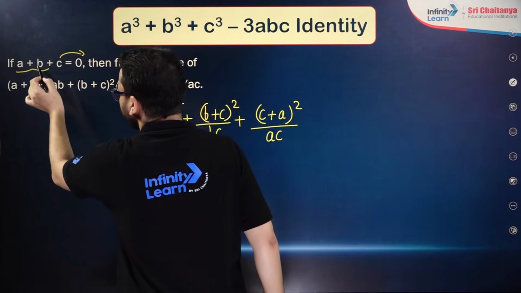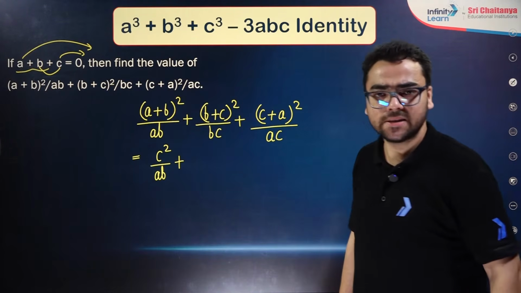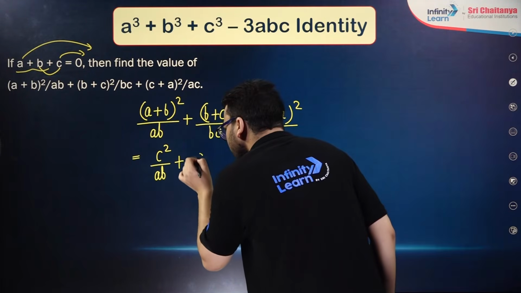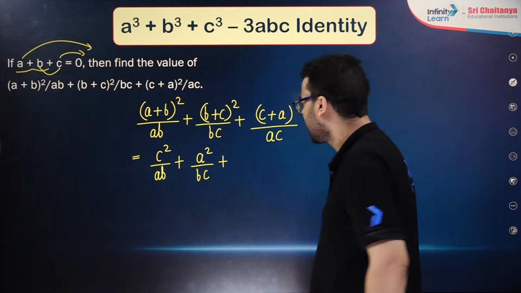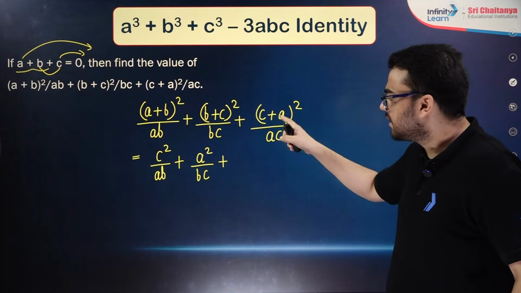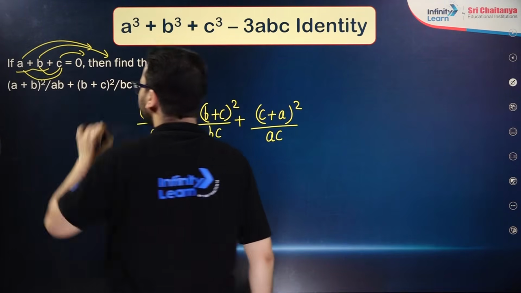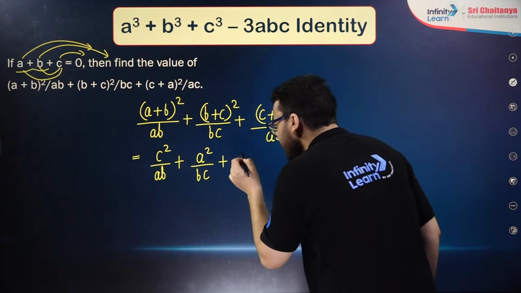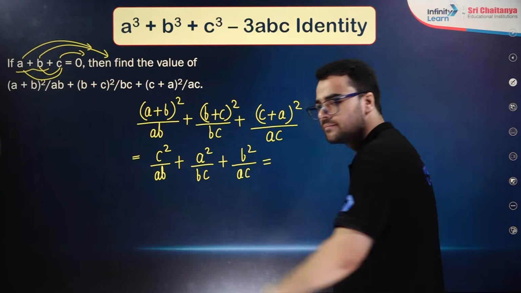From this equation, b plus c is equal to minus a, and square of it will be a square only. So a square upon bc plus. You see, a plus c from this equation, can I say it is minus b? A plus c is minus b. Square of it will be b square only. So b square upon ac.